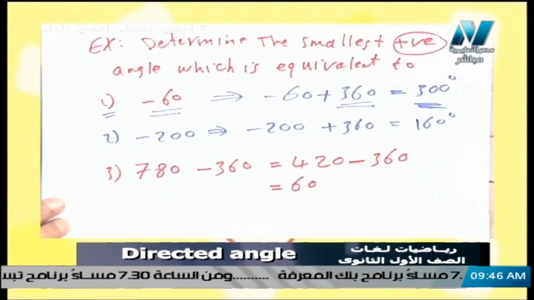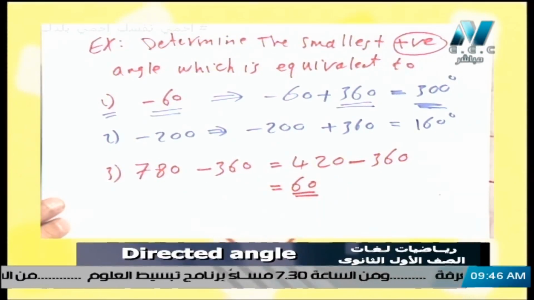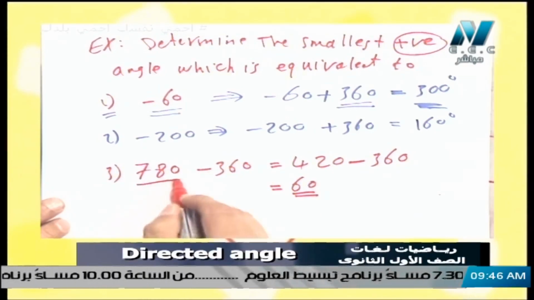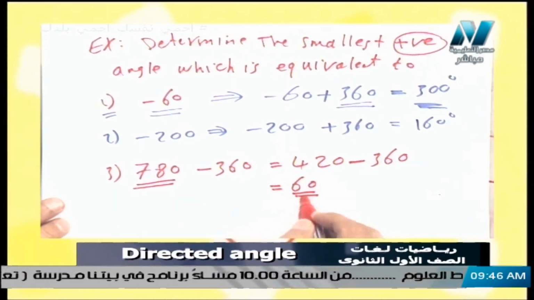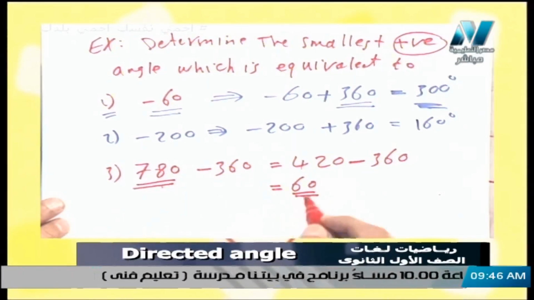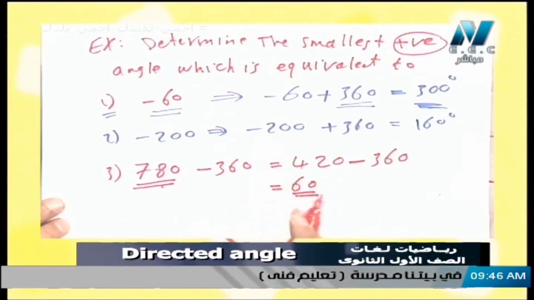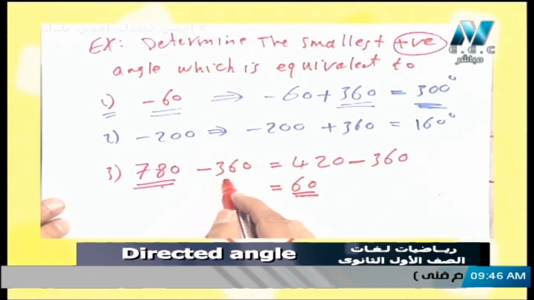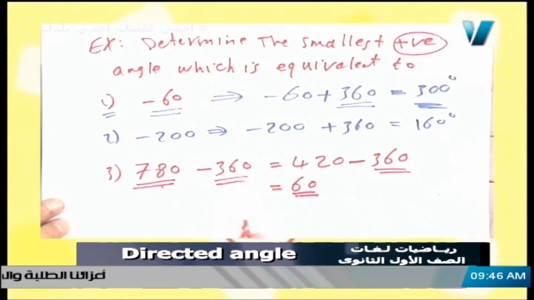Okay, so the smallest positive angle equivalent to 780 equals 60 degrees, because we take off these turns, 360 and 360.